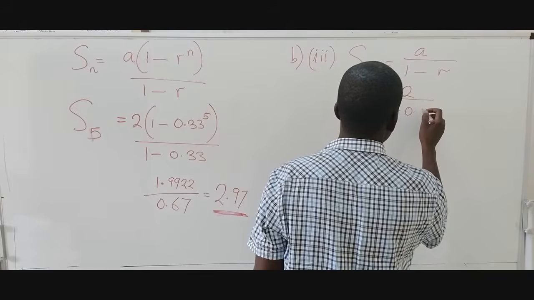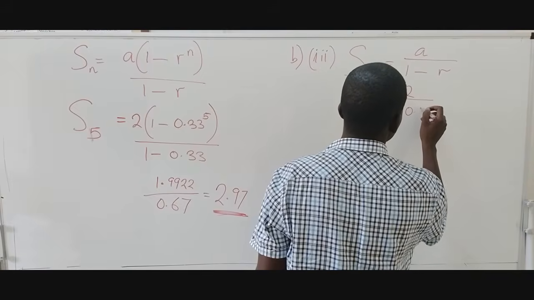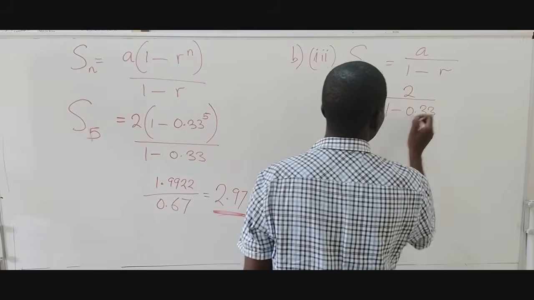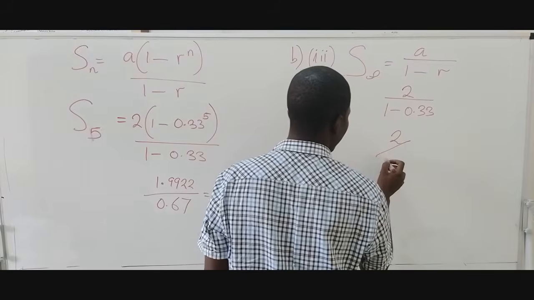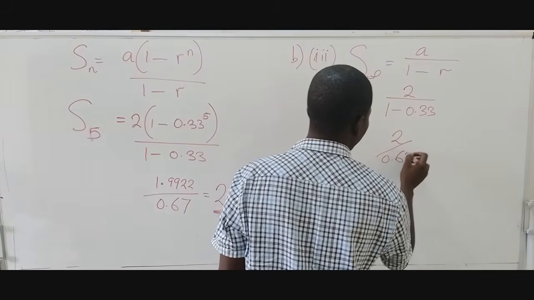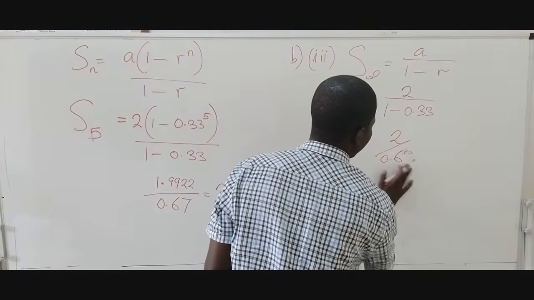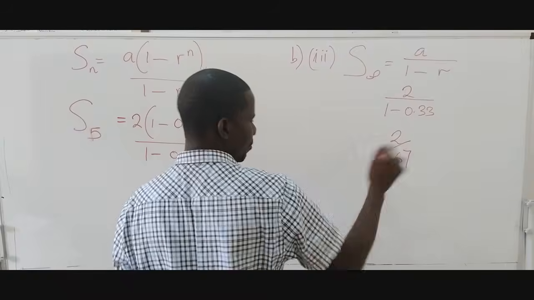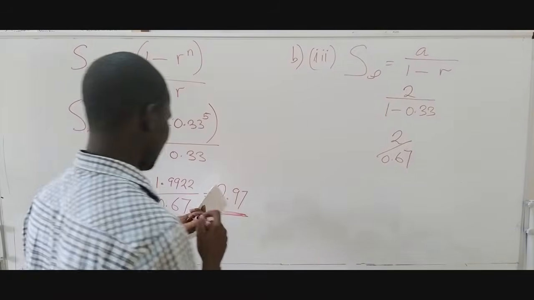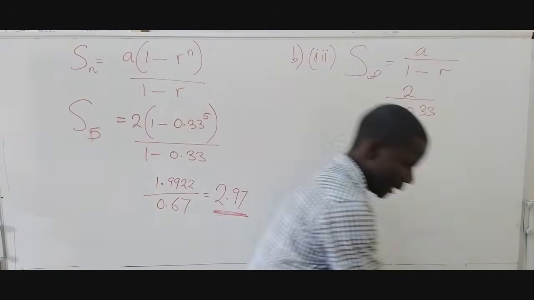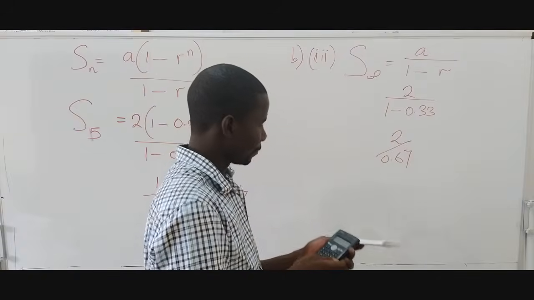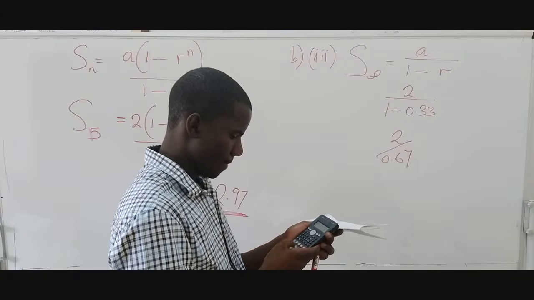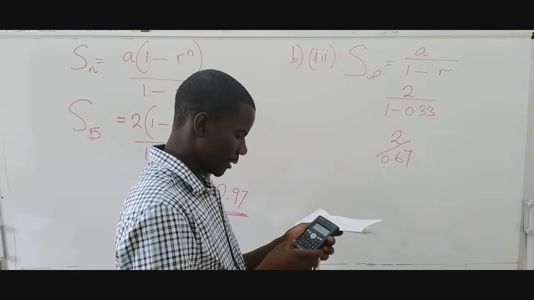So this is going to give us 2 over 0.67. Now, when we divide this, what are we getting? So we can try to divide 2 divided by 0.67.